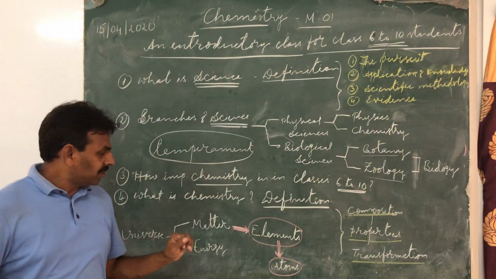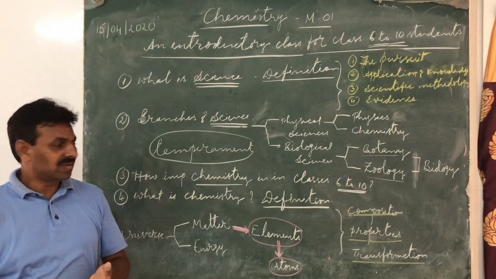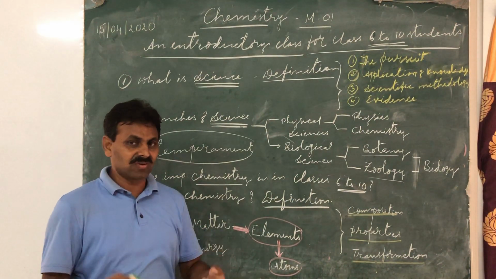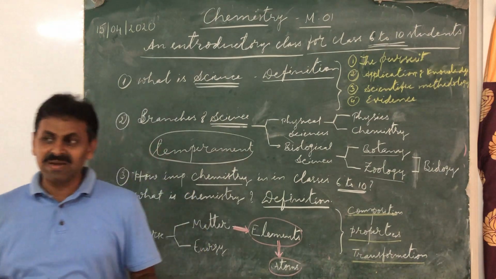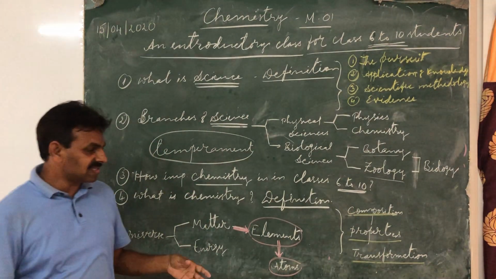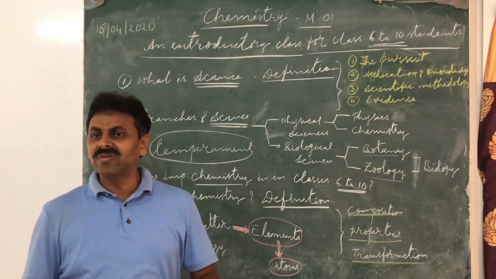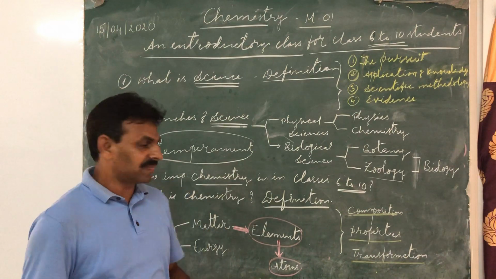Again, I am repeating. I am making the sentence. You are also not supposed to cram or do rote learning. Understand and compile those words in the form of a meaningful statement. You will never forget that.